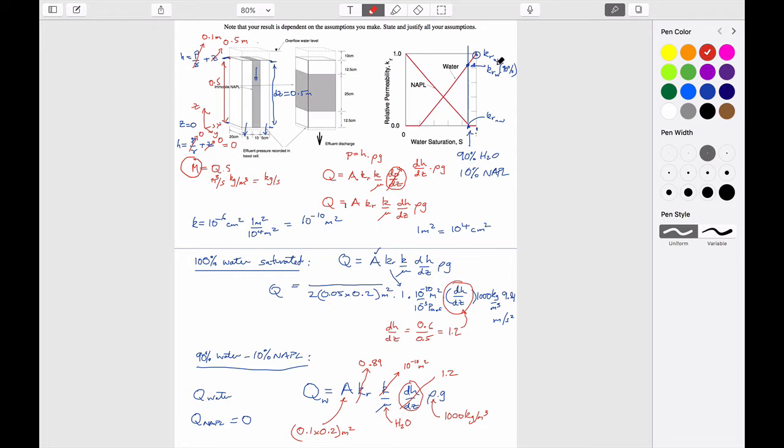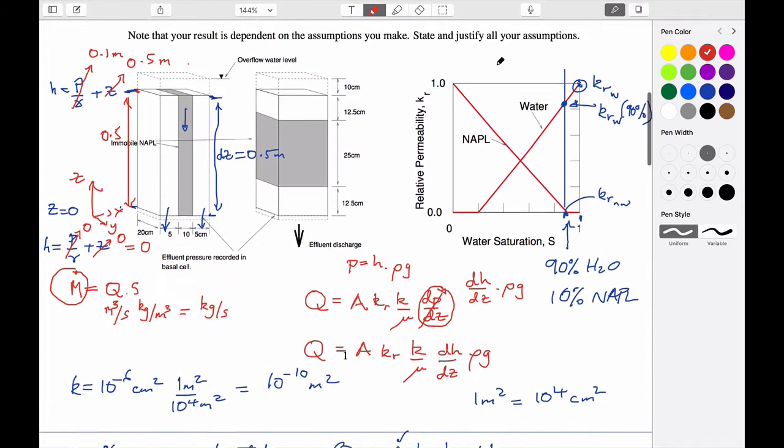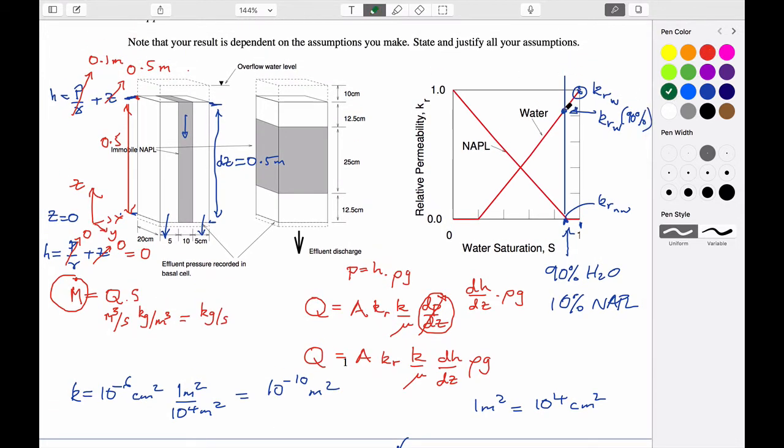And as it shrinks, the relative permeability that you start off with is going to migrate up until, once it's all dissolved, you'll be at 100% water saturation because everything's dissolved out, and at 100% water saturation you're also at 100% relative permeability. So you need to figure out a rational way to do that for this assignment. We won't do it here, but that's the mechanism by which to do it.